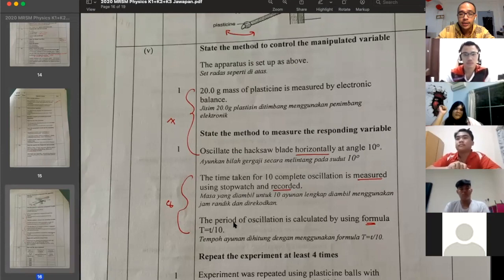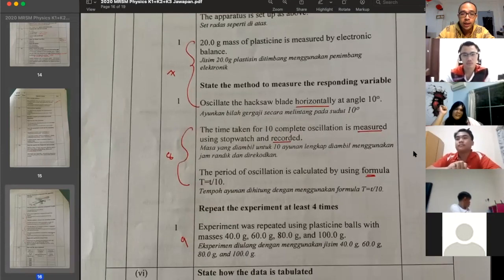If you omit this step, actually no problem. If you don't calculate the period, it's fine, because the time taken is also good enough. But if you can remember the entire experiment and you write period, it's very nice. It's definitely an A+ answer.